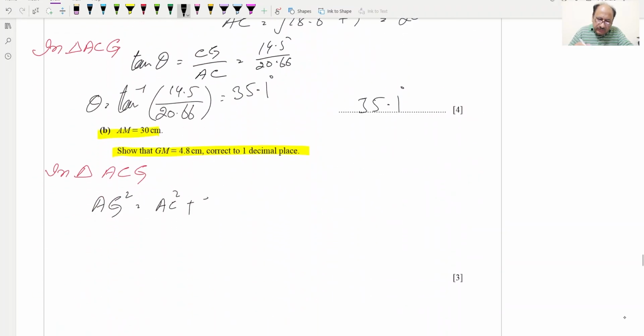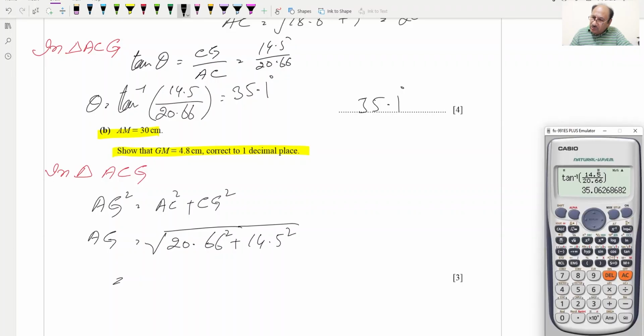So AG will be equal to the square root of AC squared plus CG squared, and AC we found is 20.66, so 20.66 squared plus 14.5 squared, and this is equal to 25.24.